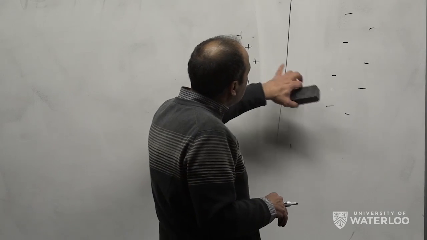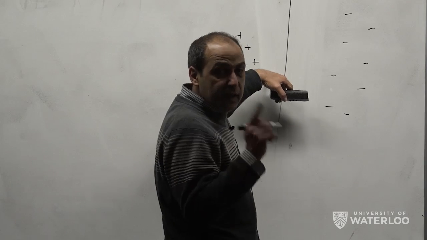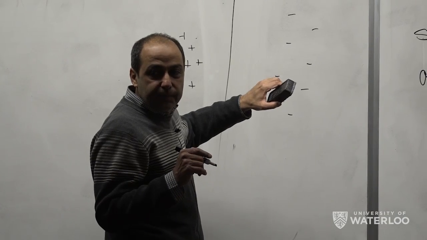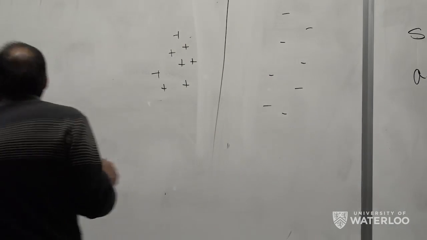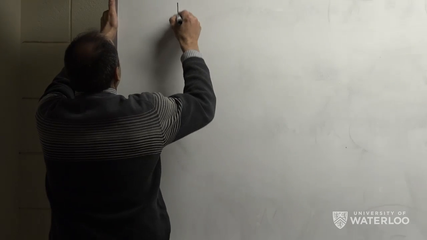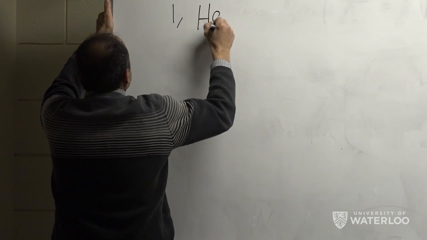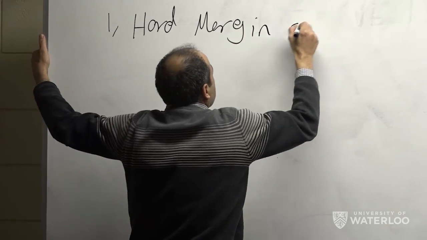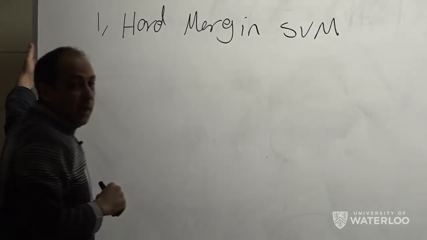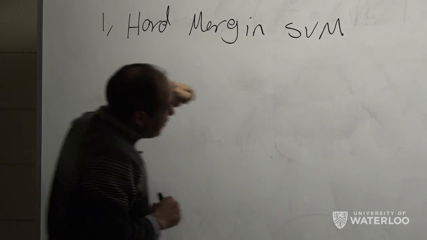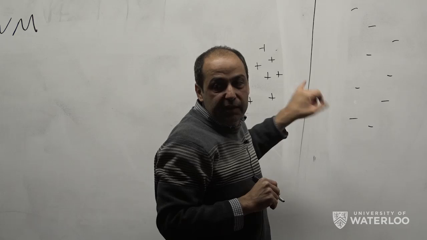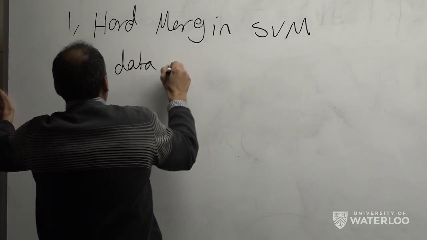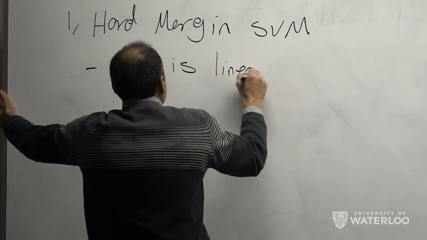Okay, so we are looking for a linear decision boundary between two classes that has maximum margin. What I'm going to talk about is hard margin SVM. Hard margin SVM means SVM for the case that data is linearly separable.